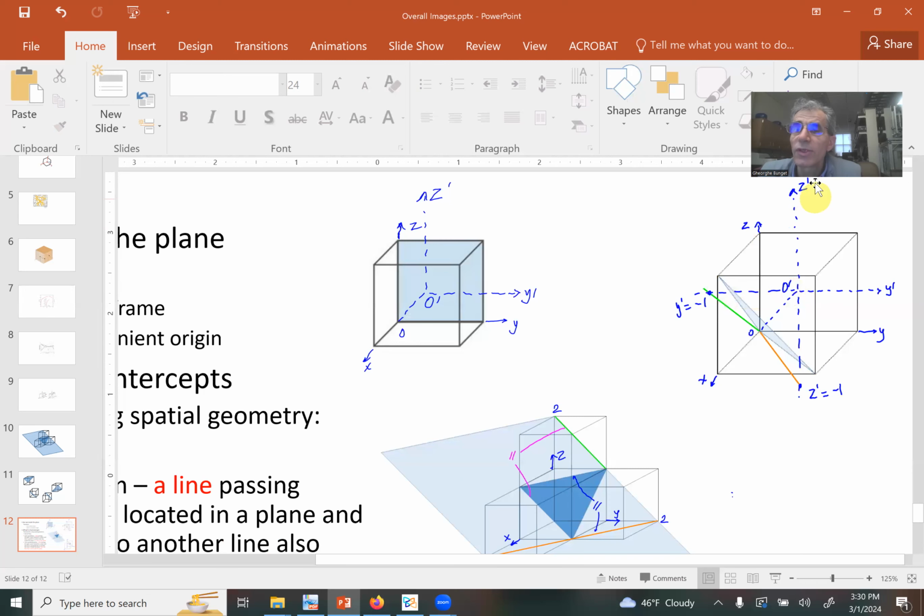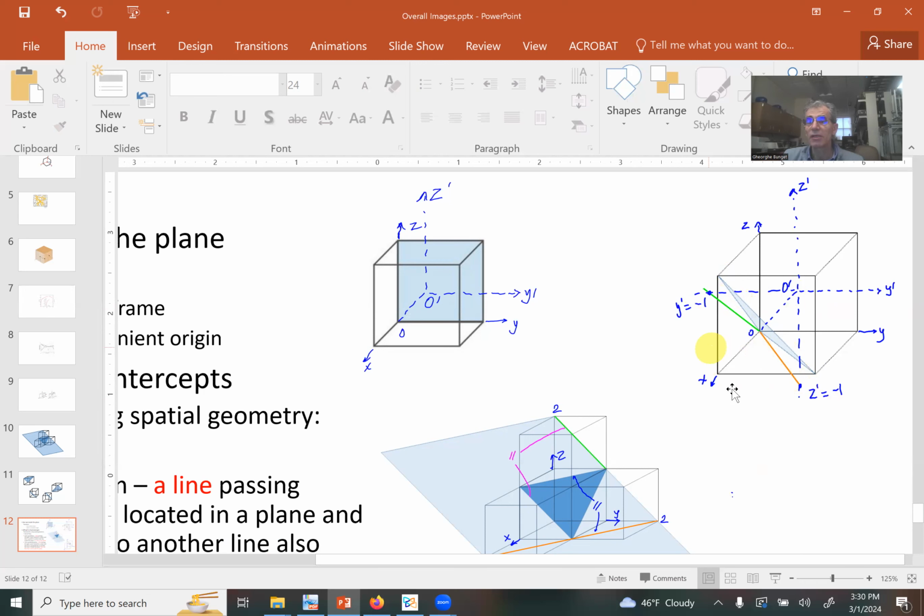Same thing with the z prime axis. I can easily elongate or extend this line, and I'm confident it will go through z equal -1. It's the same procedure: you pay attention to the slope, and I bet you can understand why I'm confident in that case.